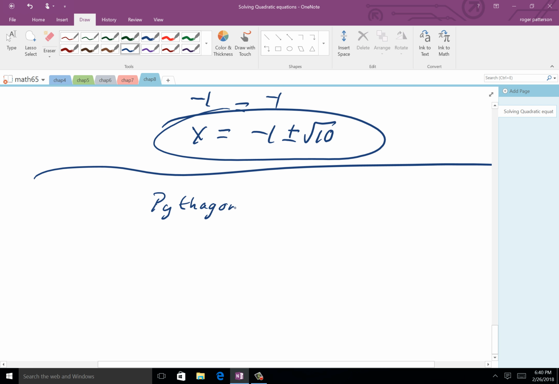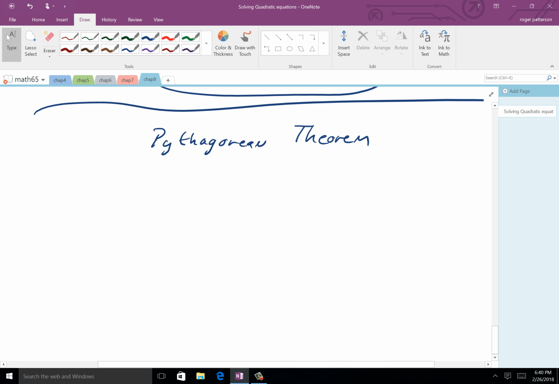One of the applications of this is using something called the Pythagorean theorem, which is really probably one of the most important things that come out of mathematics. In a practical sense, it's used a lot, okay? Not just by math guys, but by just people who are trying to do things.